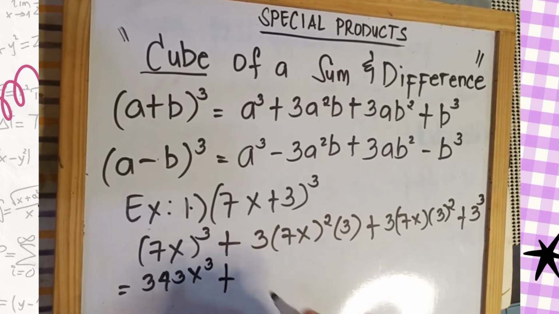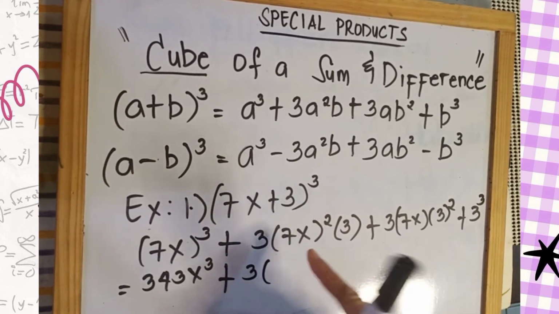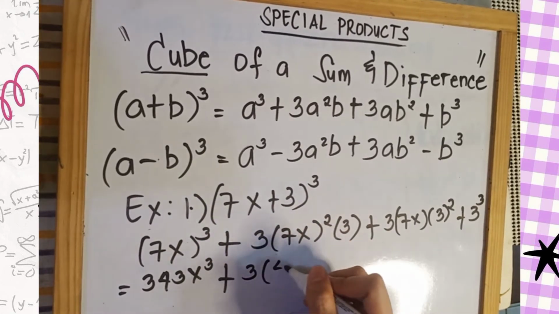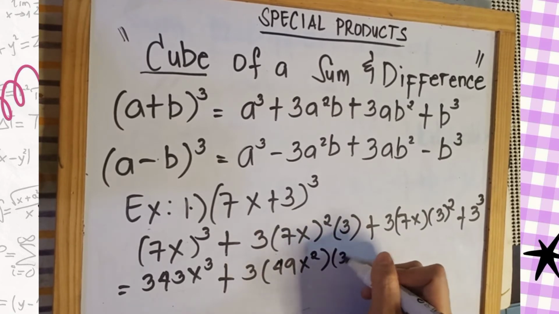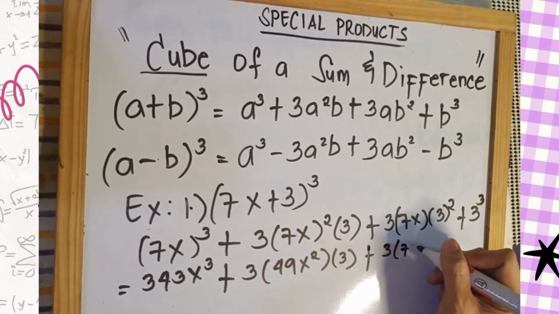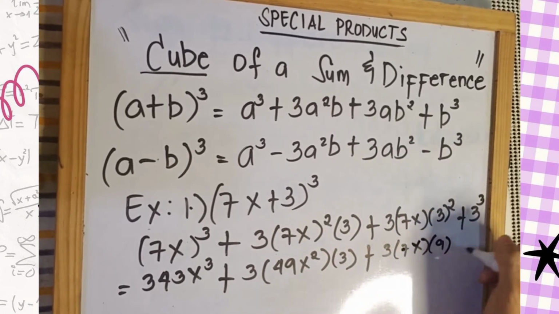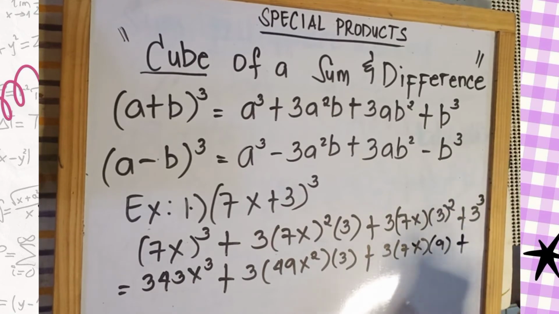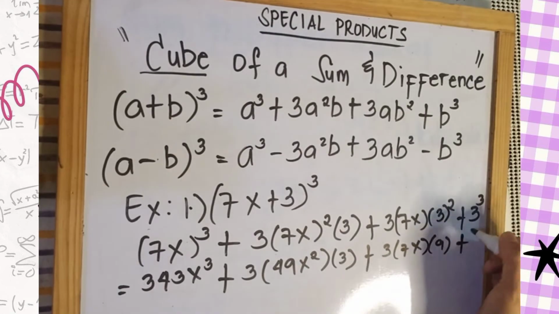And then, plus, simplify muna natin itong ating second term. So, 3 times 7 squared, that's 49, x squared times 3, plus 3 times 7x tapos squared ng 3 is 9, plus 3 cubed, that's 3 times 3 times 3, so that is 27.